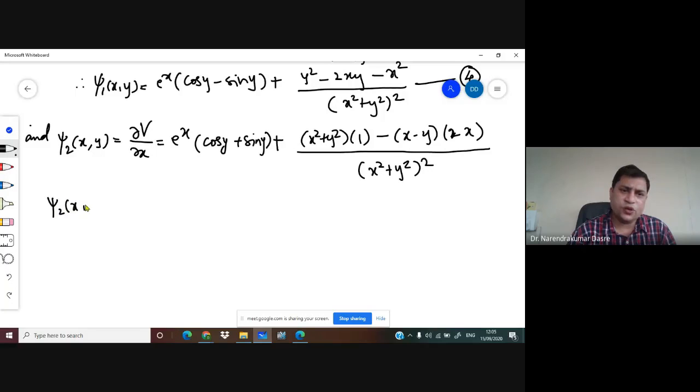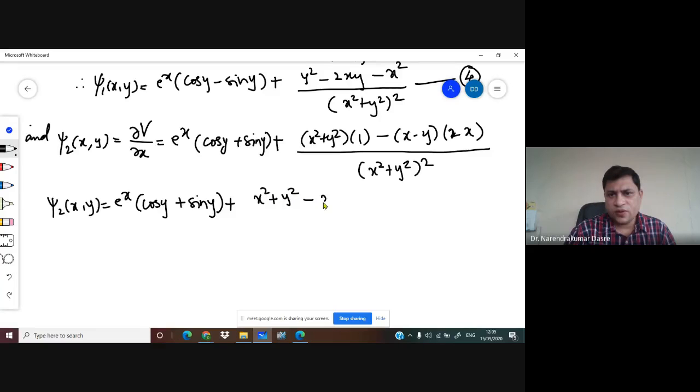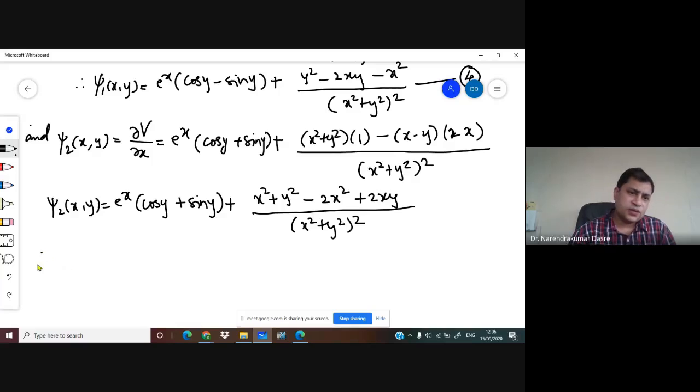So I will be having psi 2 of xy is equal to e raised to x (cos y plus sin y) plus this time we will be having x square plus y square minus 2x square minus minus plus 2xy, and that's what we will be having. Now see here, this term we will have (x square plus y square) whole square.